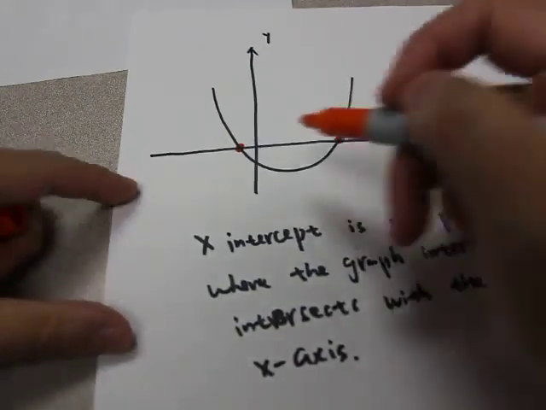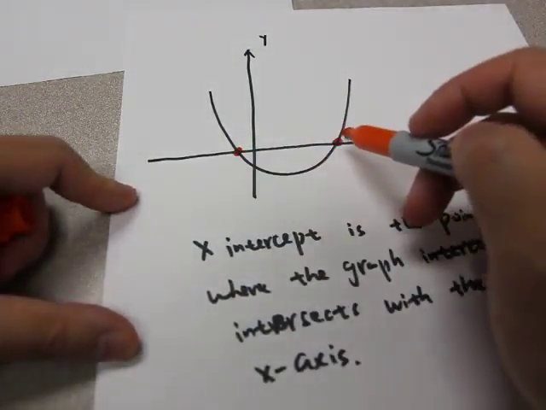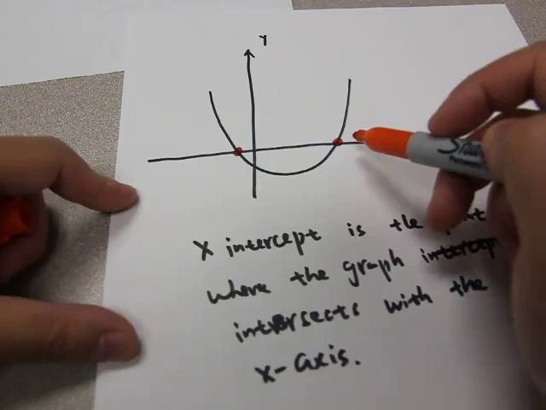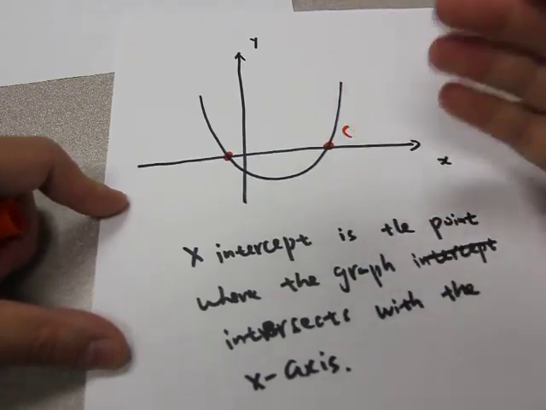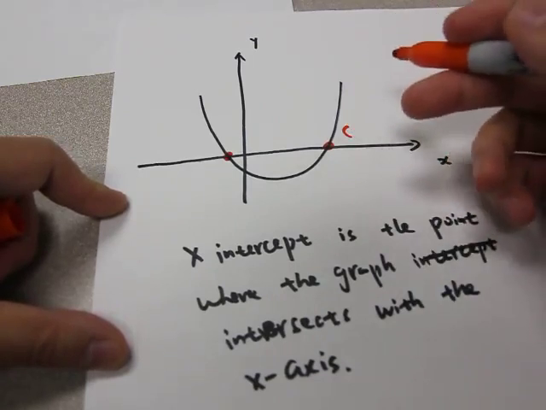And at these 2 points, the y-coordinate is 0 for both, and the x-coordinates are some real numbers.